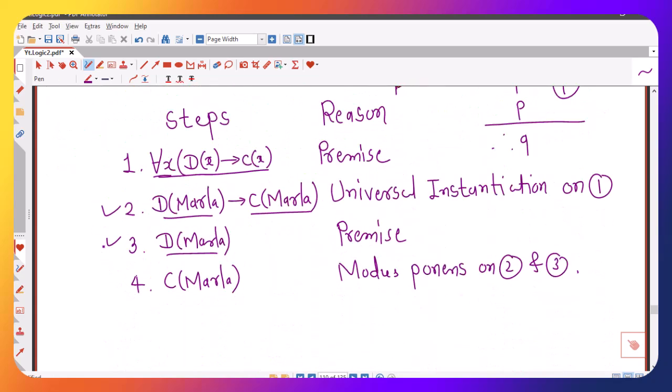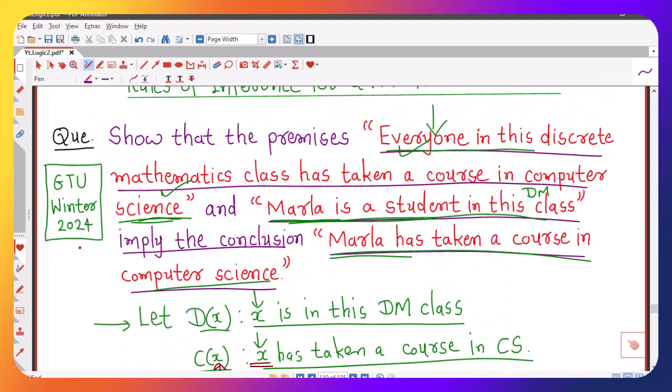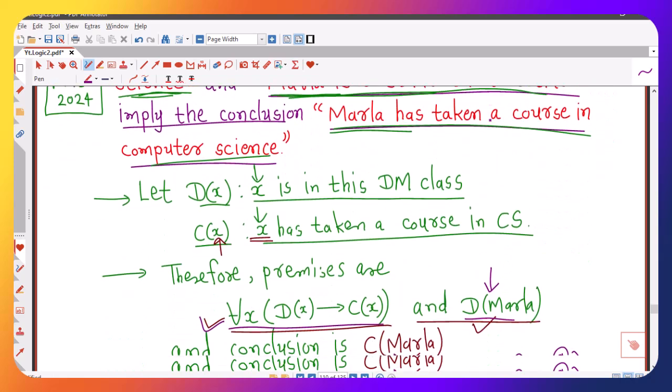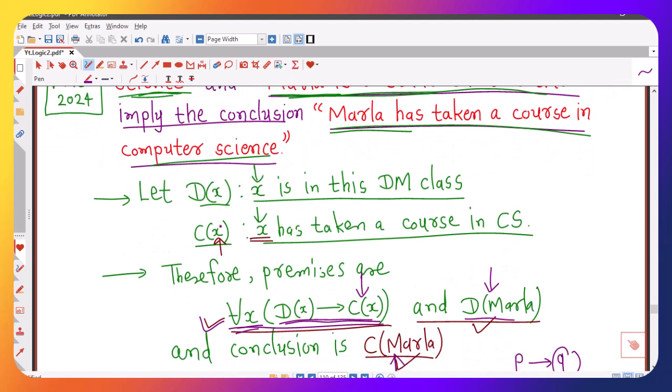Be careful and keep in mind that whenever we have everyone, we use the universal quantifier and a conditional statement, as in everyone in this discrete mathematics class has taken a course in computer science. Whenever we have this type of statement, we use the universal quantifier and this type of conditional statement.